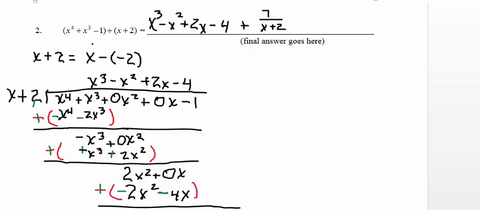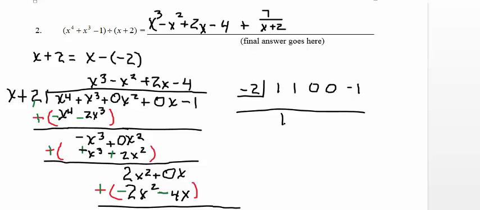Here we need to look at x plus 2 as x minus negative 2, and we recognize that our c is negative 2. Our coefficients are 1, 1, 0, 0, negative 1. Notice how I must fill in missing terms with zeros.